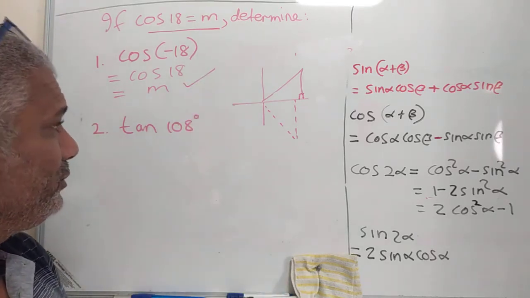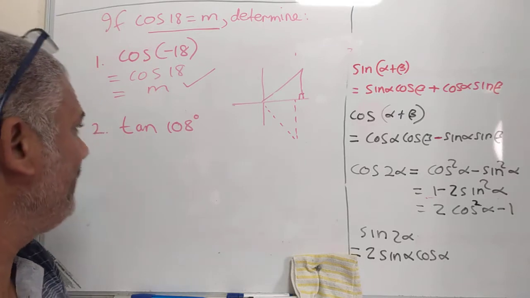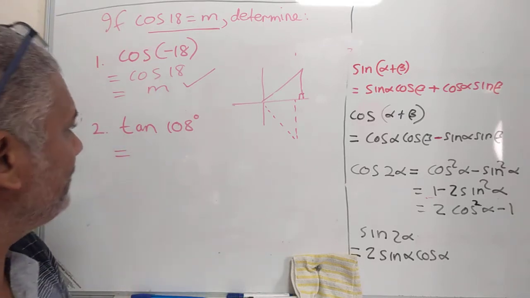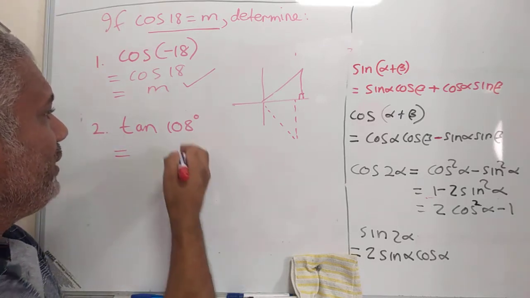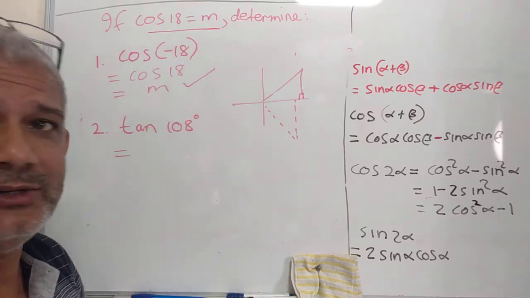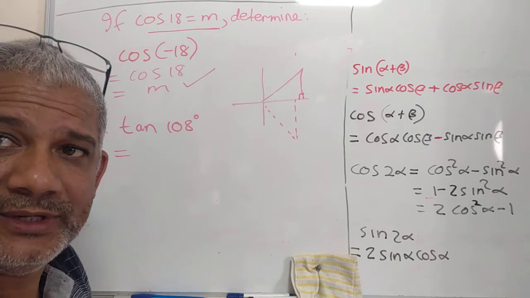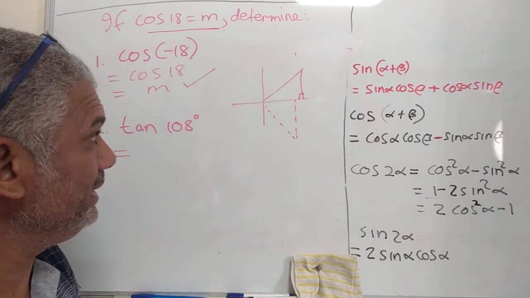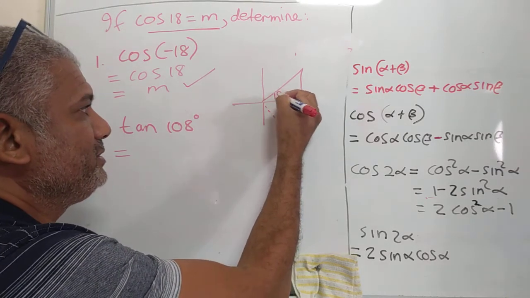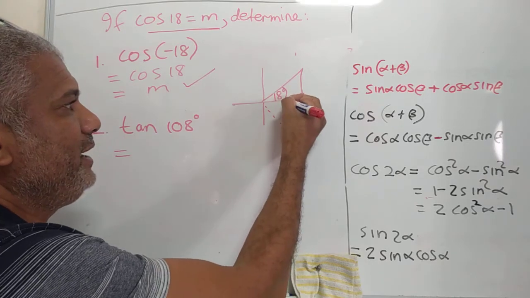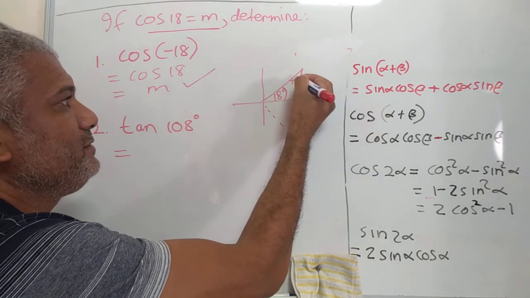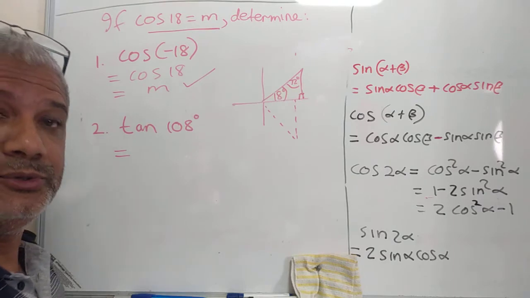In the second one, which can be up to 4 marks depending on what grade you're writing, this one we have 108, so we need to get it to 18 or somewhere similar. So the best thing to do is to actually draw the diagram, right? This is what you learned in grade 11, is to draw the diagram. It's an acute angle, so it falls over there, which means that angle is 72, which is what we will use over here.